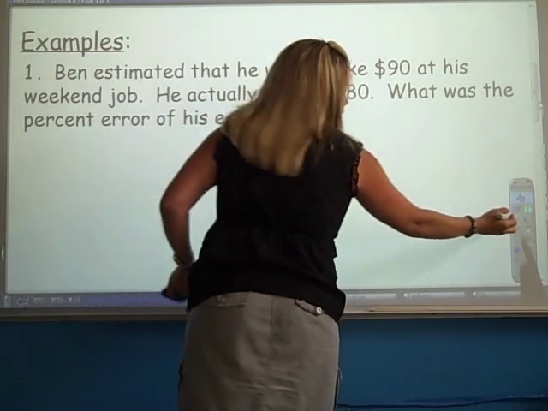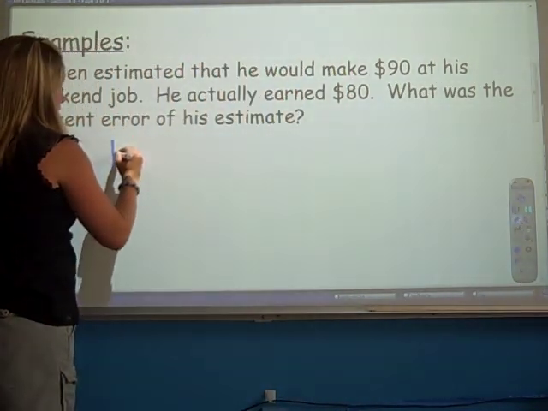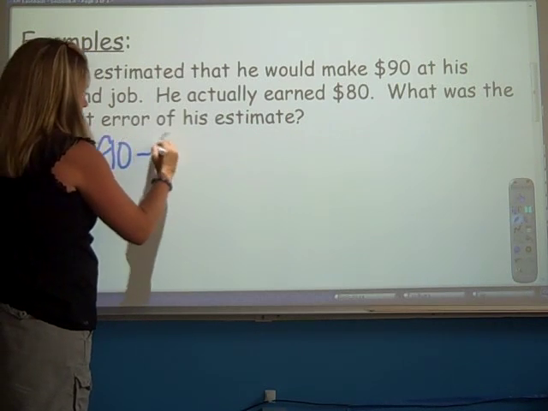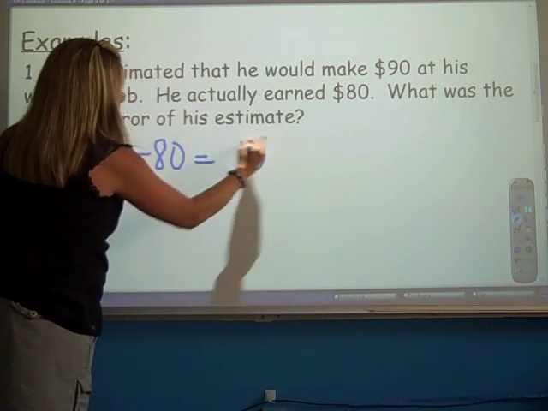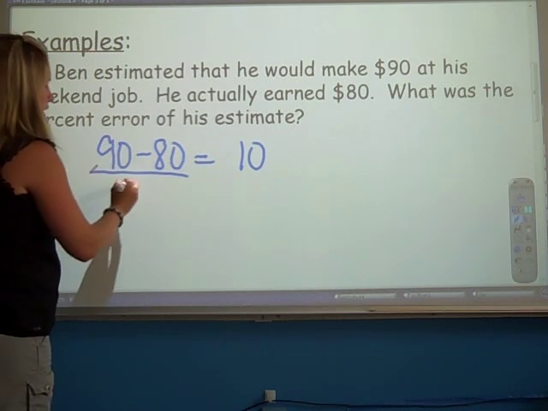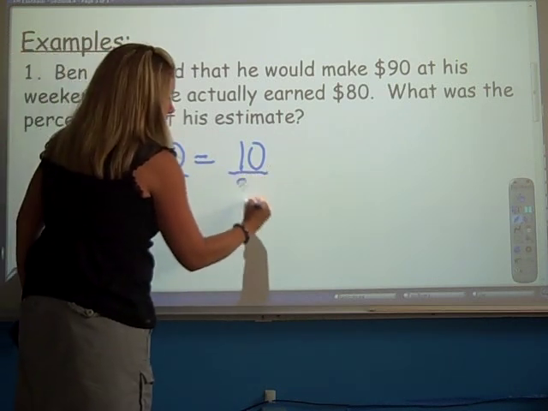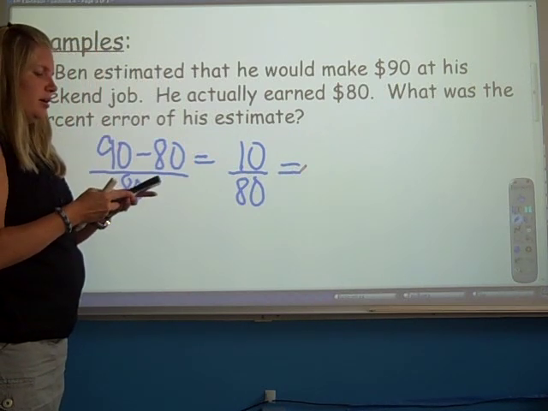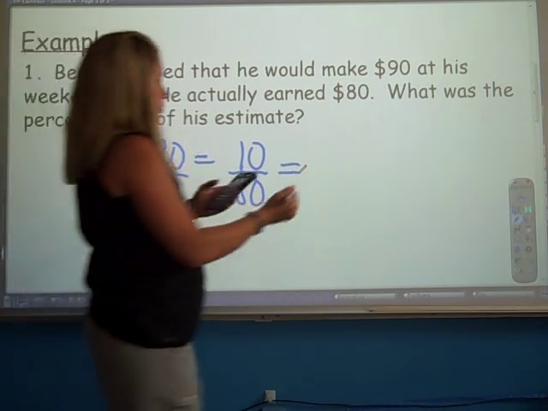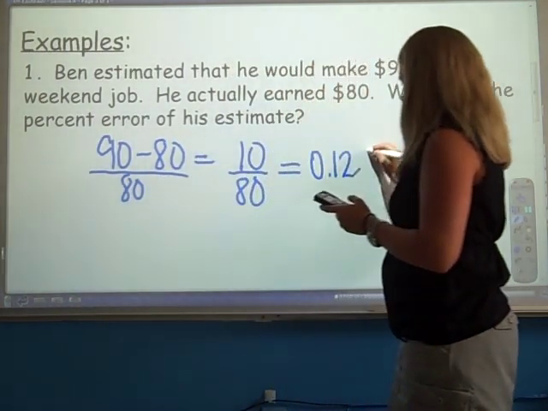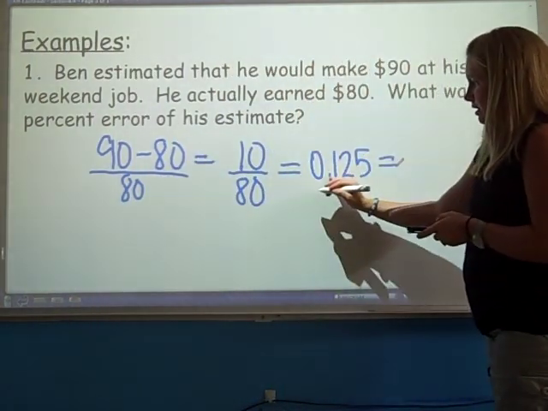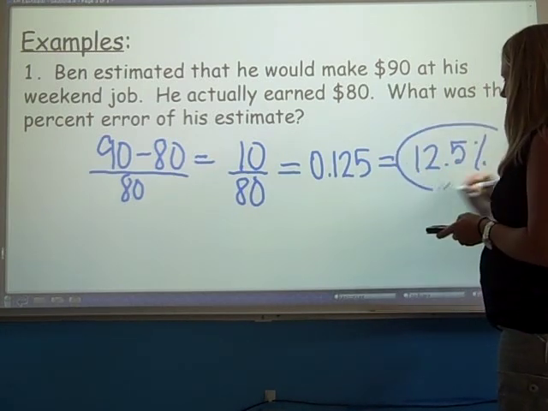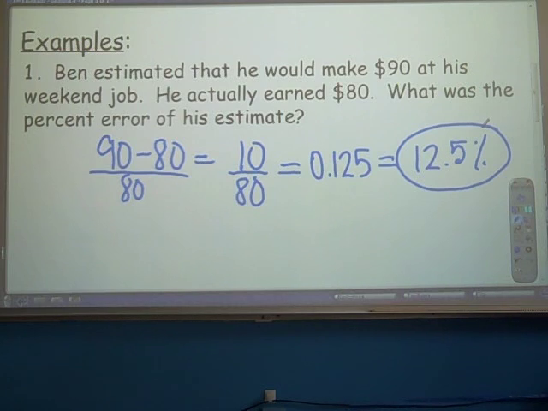We do 90 minus 80, which equals the 10, over what it should actually be, 80. 10 over 80 is 0.125. Make that into a percent, move it over 2, you get 12.5%. That was the percent of error there.